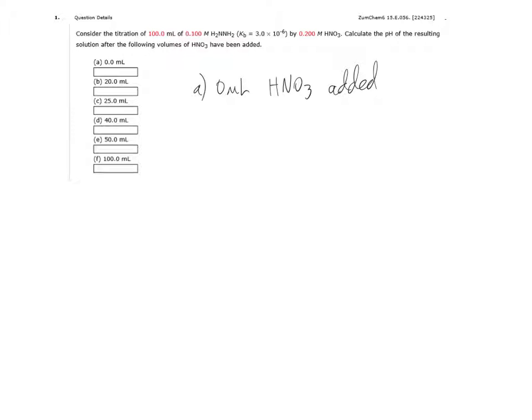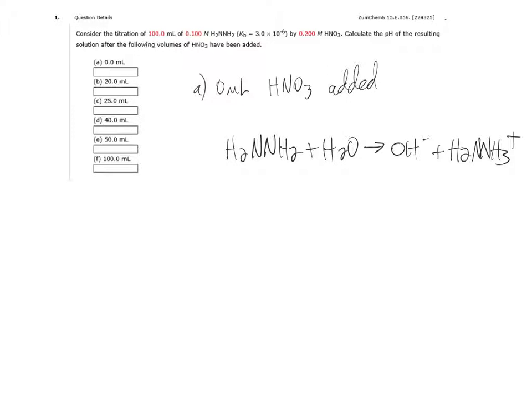In this case, it's just a weak base problem, just like we had done in chapter 14. We'll write a base dissociation equation, and we'll set up an ICE table showing how the weak base protonates and produces hydroxide in the process.